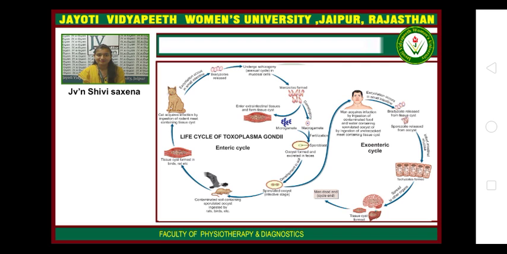A macrogamete is fertilized by a motile microgamete, resulting in the formation of an oocyst, which passes through a maturation stage, sporulation, in the soil after being excreted from the host through feces. A mature oocyst containing 8 sporozoites is the infective form, which may be ingested by rats or other mammals to repeat the cycle.